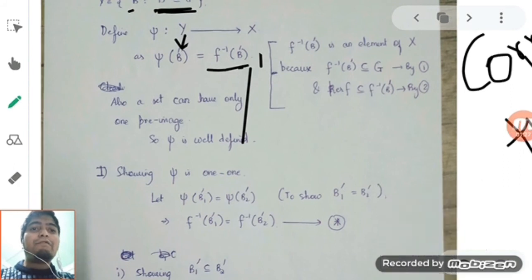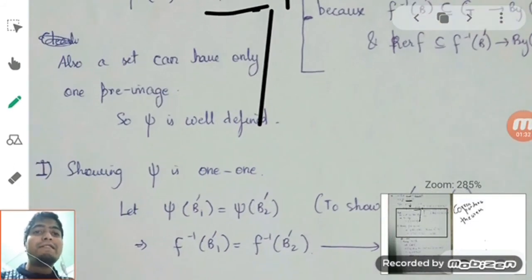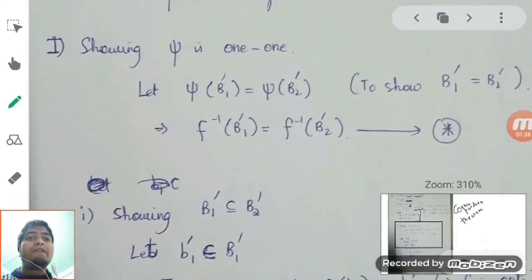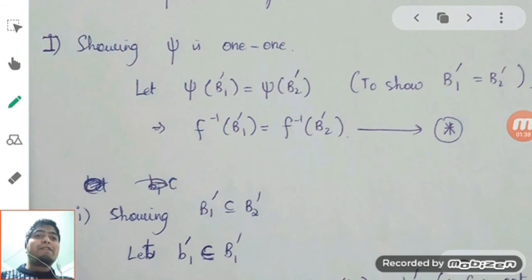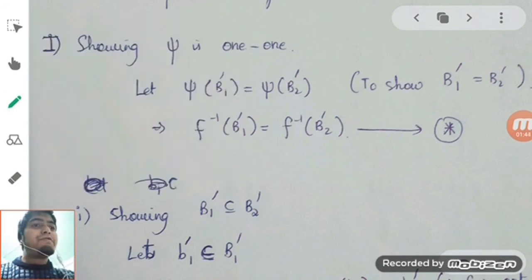Now what we need to show is that it is a 1-1 onto function. This is how we do it for proving 1-1. You start with psi of b1 dash equal to psi of b2 dash, where they are subgroups of G dash. You need to show that b1 dash is equal to b2 dash.